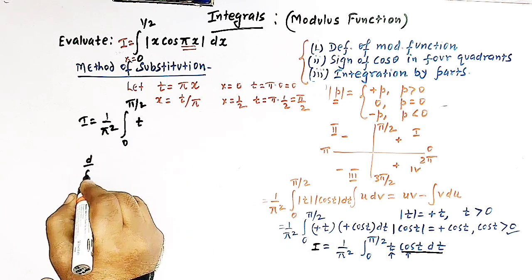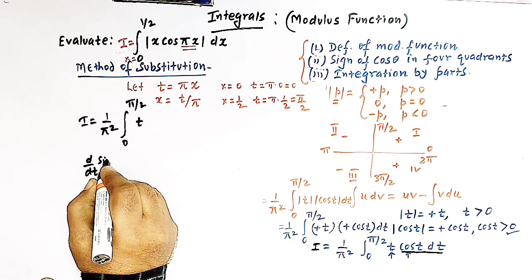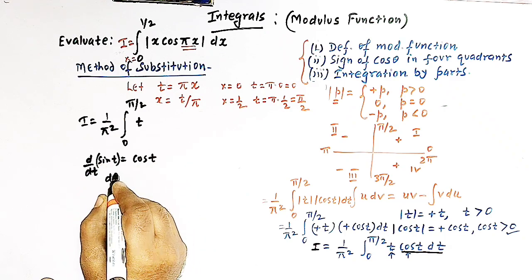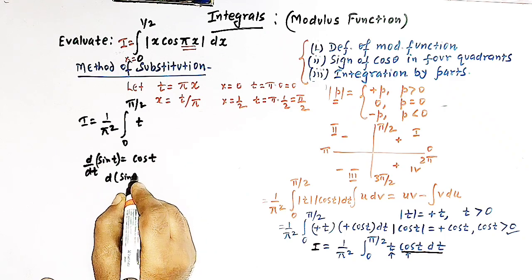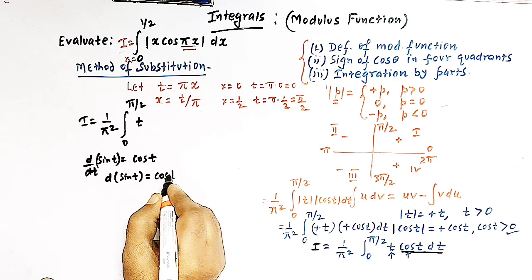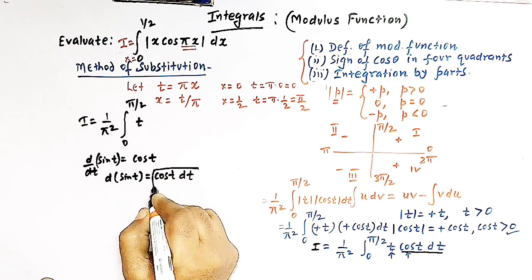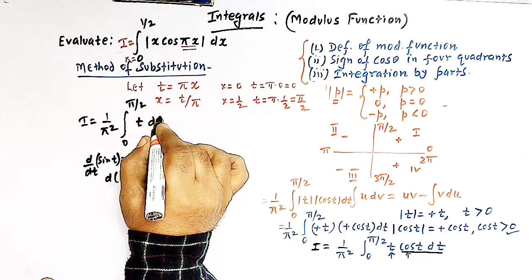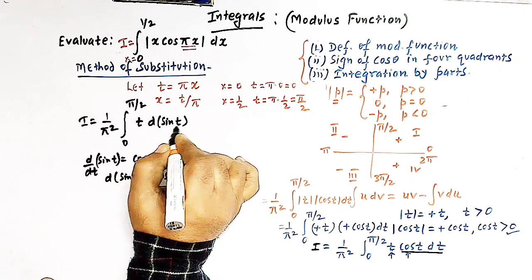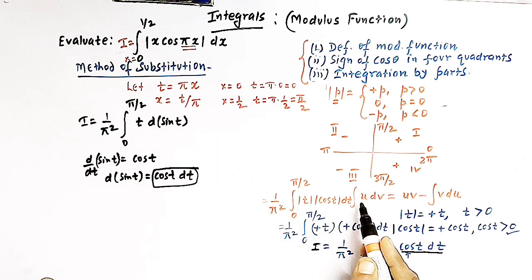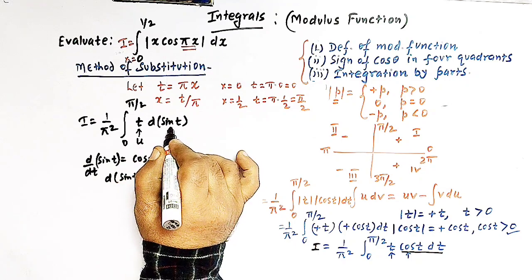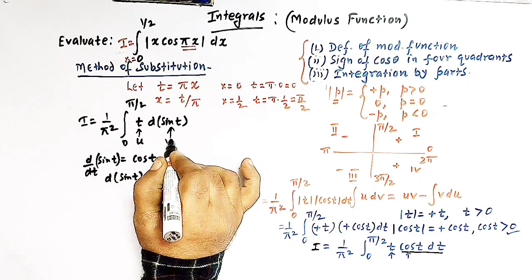Now see, the derivative of sine t is equal to cosine t, right? So we can write the derivative, that is d sine t is equal to cos of t dt. So we can replace cos of t dt by d sine t. So here we have d sine t, so that we can now apply the formula of integration by parts.